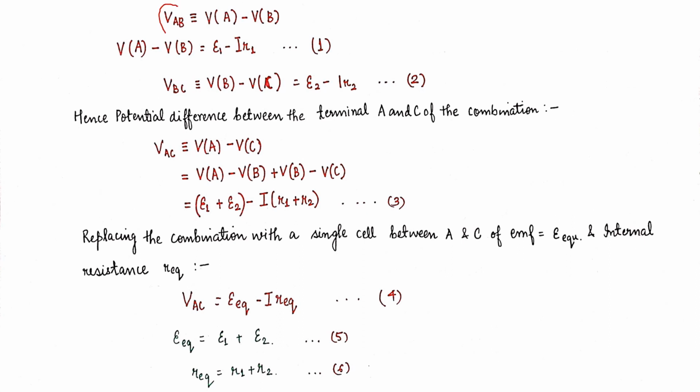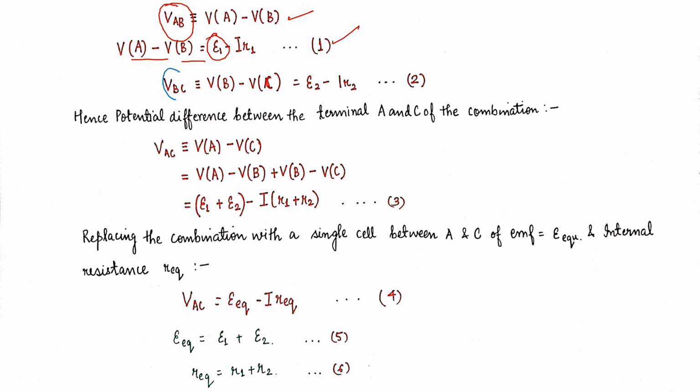See, the potential across AB equals VA minus VB, and this VA minus VB will be written as the EMF of cell 1 minus I into R1. This will be named equation 1.